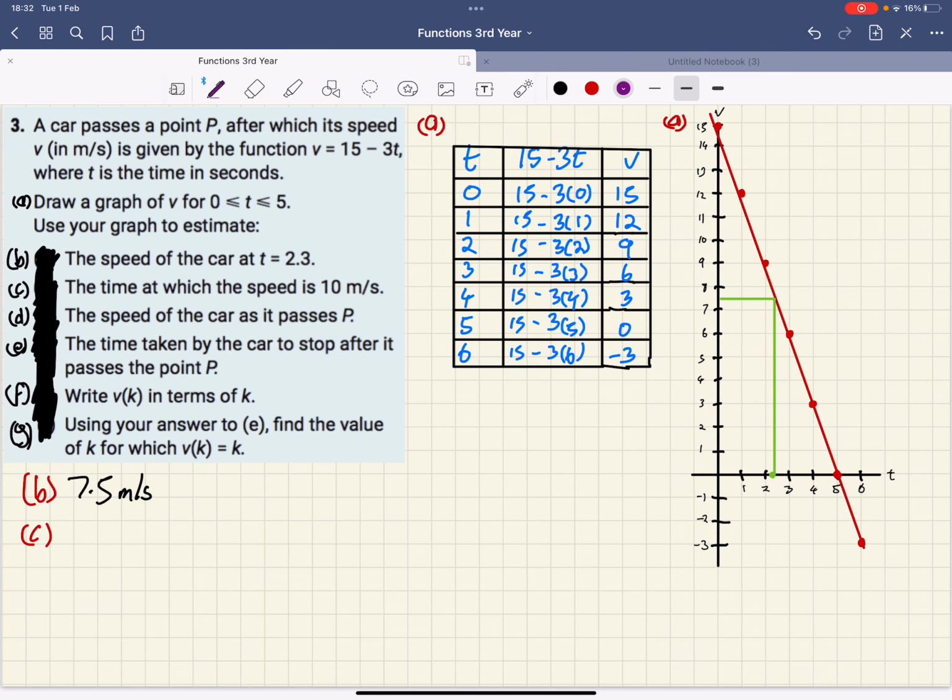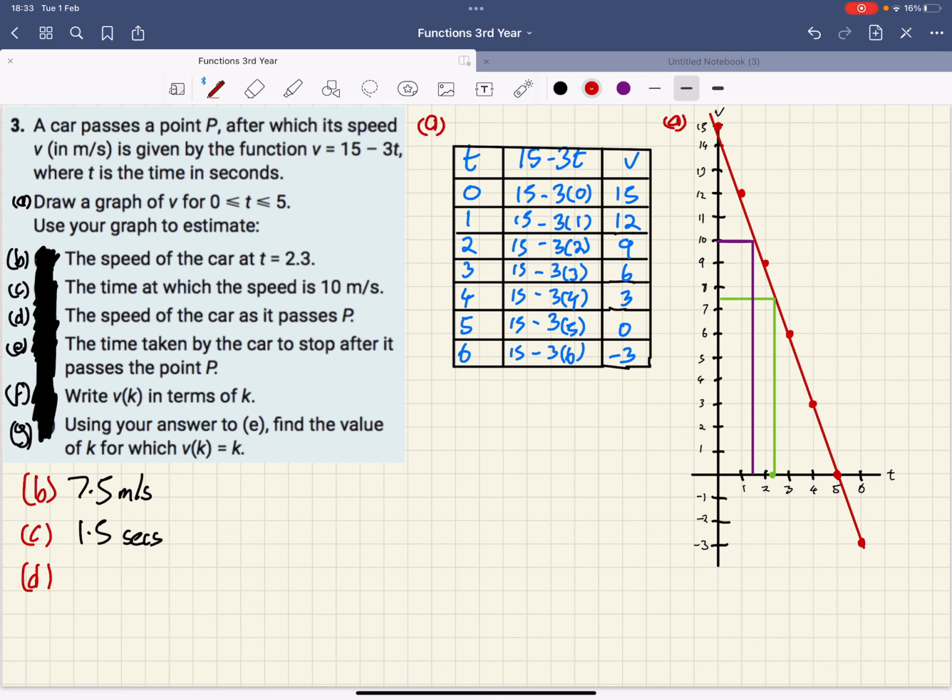I go to 10, I go across, using a ruler of course, hit the line and come down and see where it lands. It's about 1.5 seconds, because that's the value. So 1.5 seconds.